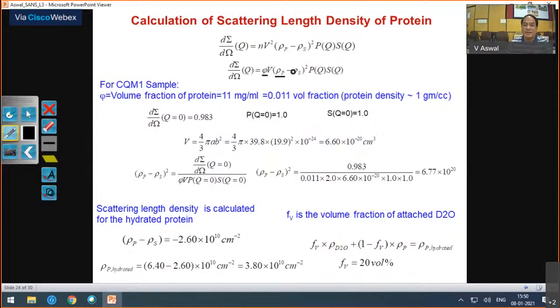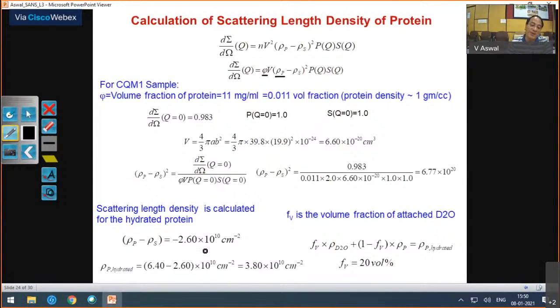So, for example, in these calculations, we know most of the terms. We know the volume fraction. We know the V because we have already modeled this term. We know P of Q, we know S of Q. And then we calculate this contrast, rho P actually. The proteins mostly will also be hydrated by water.